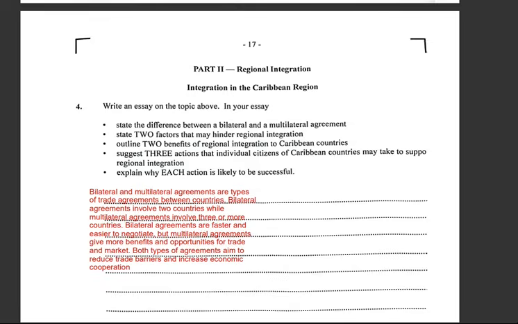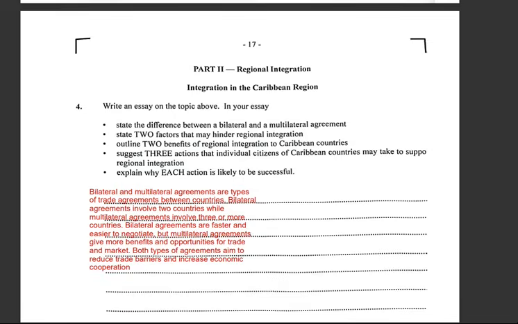So here, guys, we are seeing what is the meaning between bilateral and multilateral agreements. Bilateral and multilateral agreements are types of trade agreements between countries, I would say.